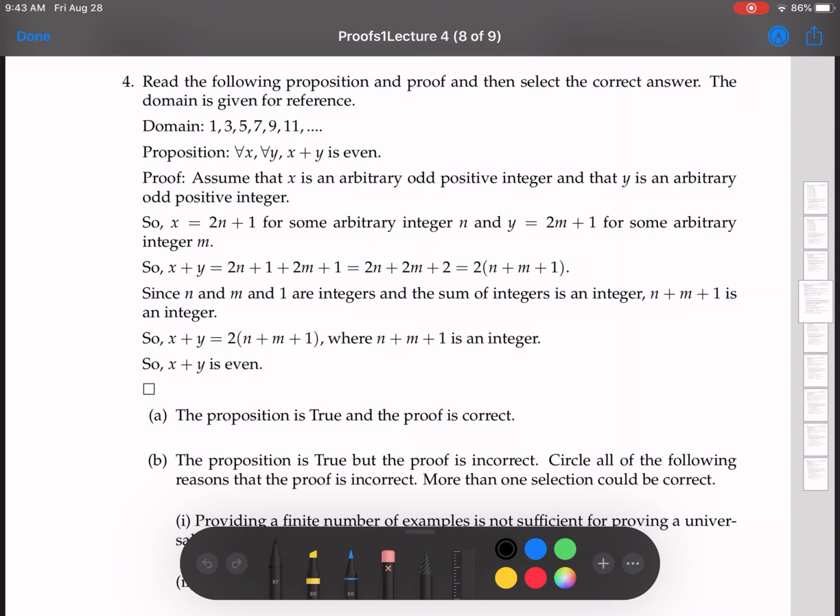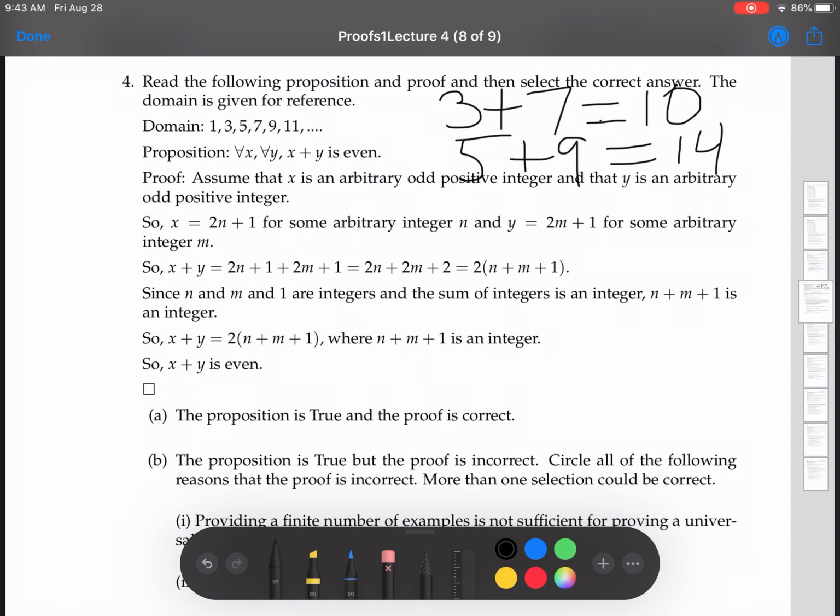All right, so let's try some. Let's say 3 plus 7. That's 10, and 10 is even, so it seemed to work there. Let's try some other ones. 5 plus 9 is 14. That seemed to work. How about some bigger ones?